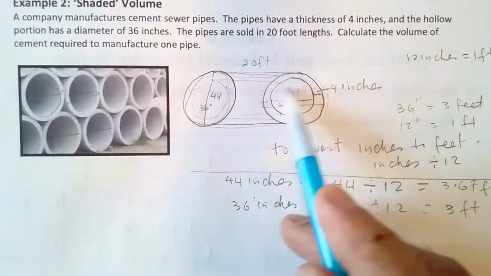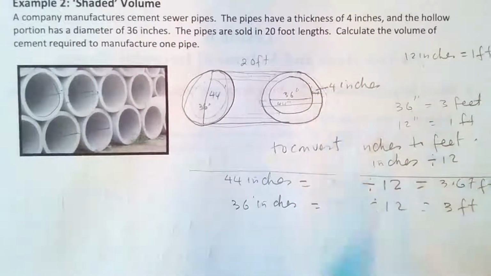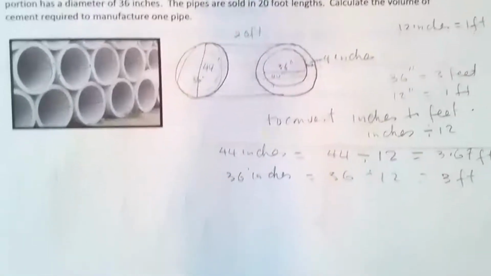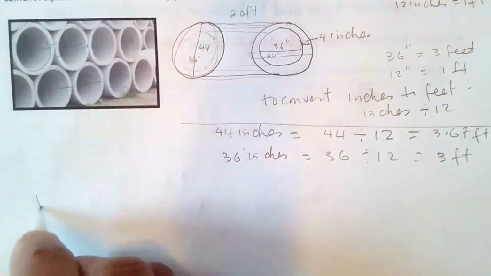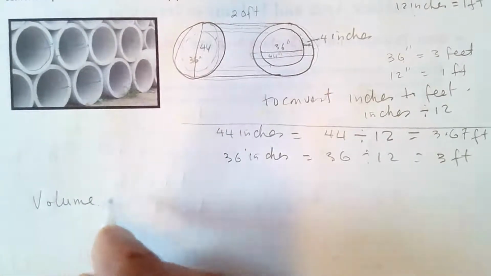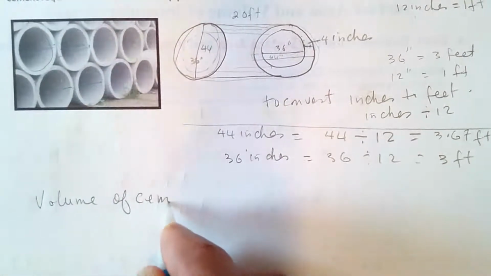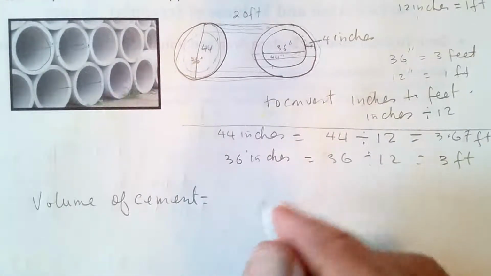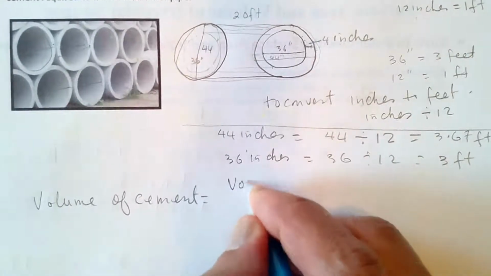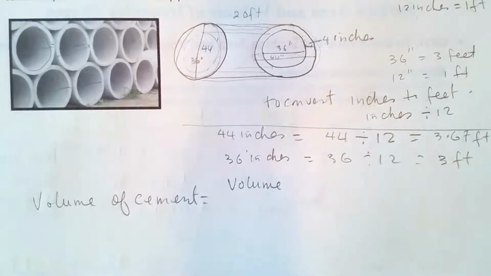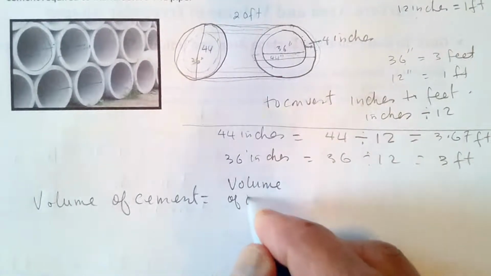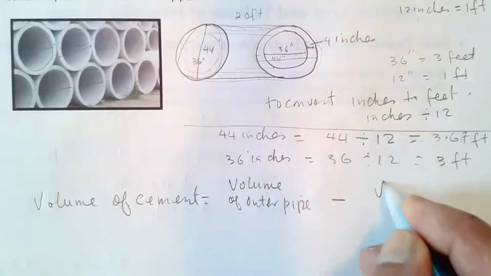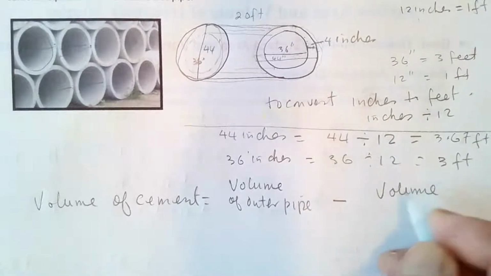The hole is represented by the inner pipe. So the volume of cement is equal to the volume of the outer pipe minus the volume of the inner pipe.